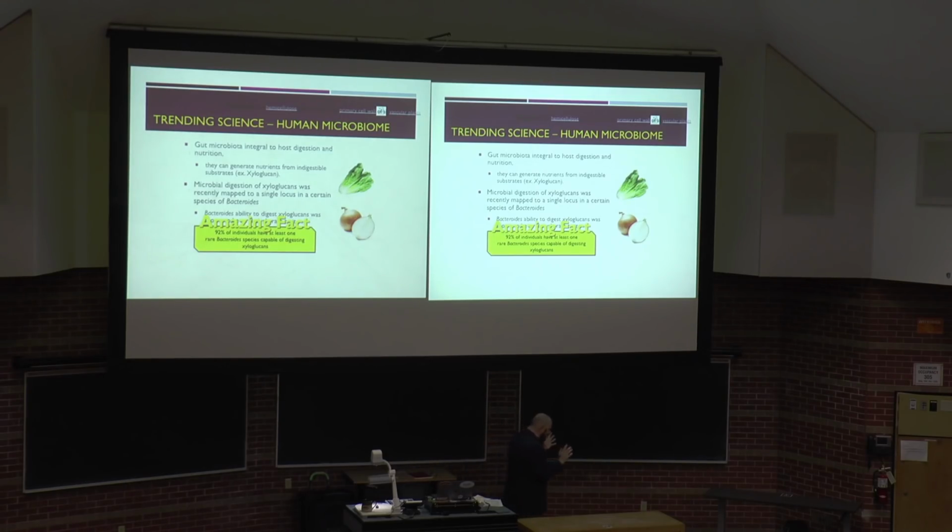So just to give you an example, 92% of this class will have a microbiota that is able to break down xyloglycans. Xyloglycans are found in all kinds of vegetables and fruits. It's just a non-digestible carbohydrate. So from an evolutionary adaptation, the energy that you get from those is important.